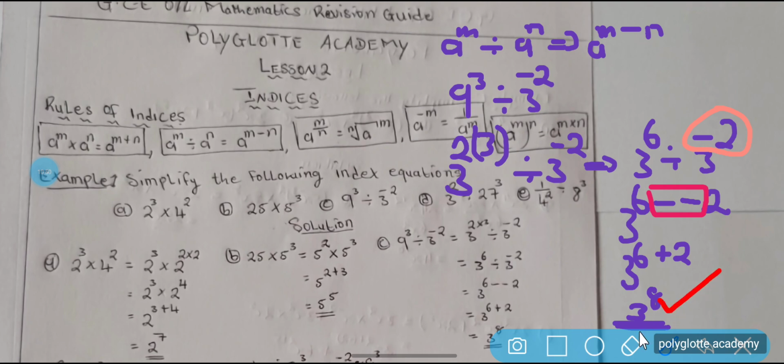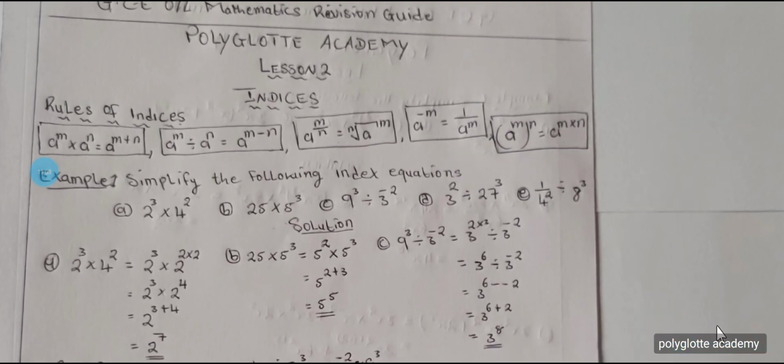So we had the answer. Make sure you watch the video several times so you can easily understand what we are trying to say. Okay, let's move on to the D part.